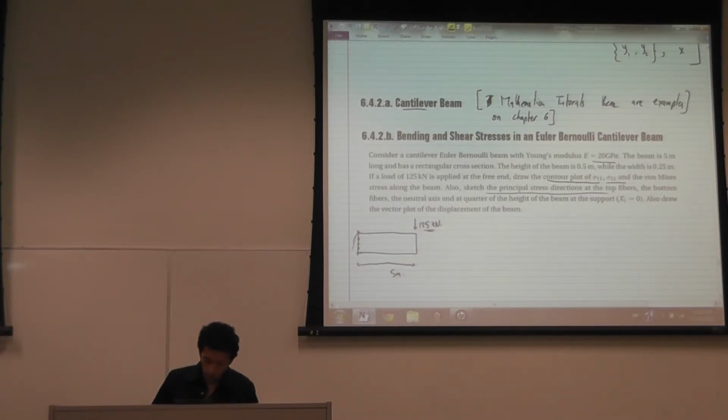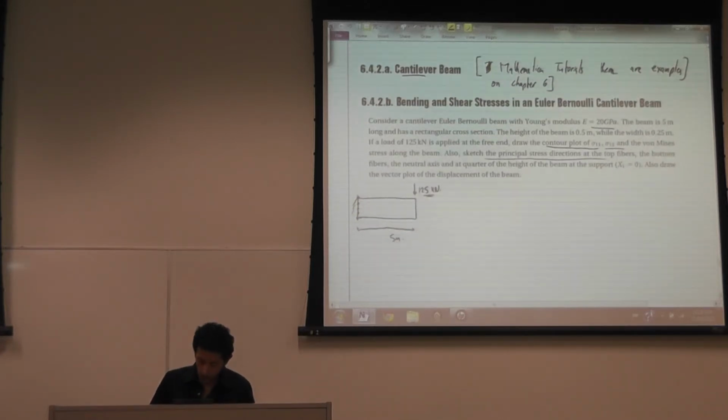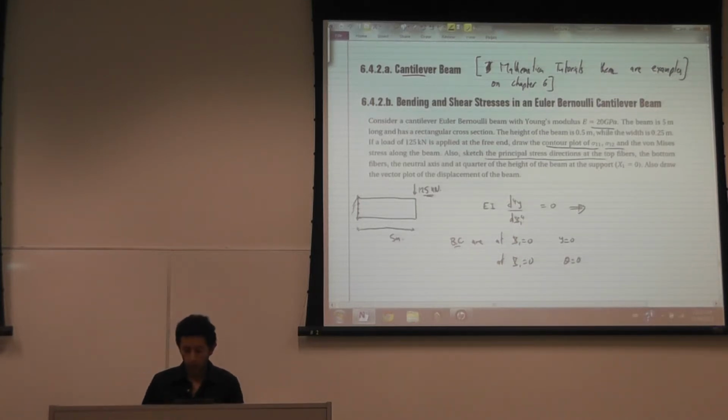So, the first equation, the equation of equilibrium that I need to solve is this. And the boundary conditions are at x equals 0, y is 0. So this differential equation looks like this. The solution looks like this.